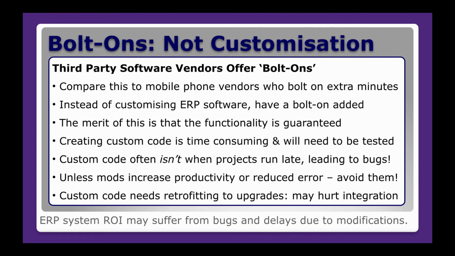However, where you're custom coding, that takes time and needs to be tested, and custom code often isn't properly tested when projects are running late, and that leads to bugs which go out and cause people a problem.